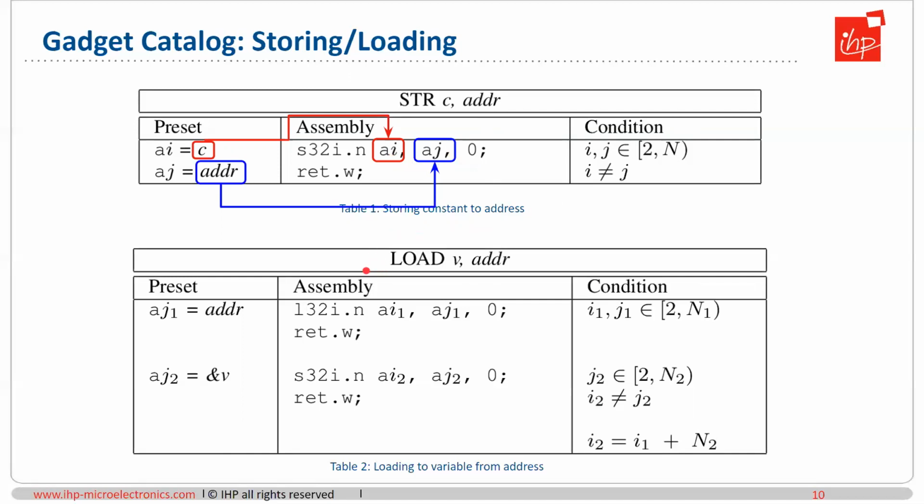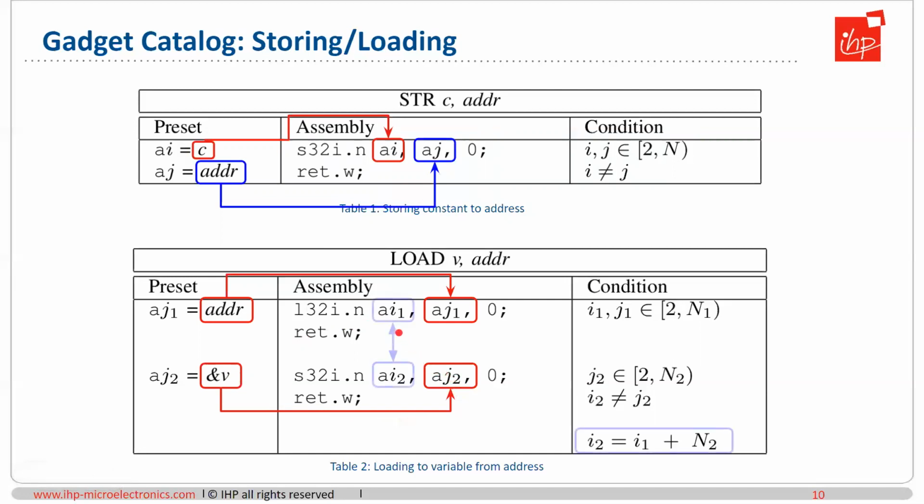Let's have a look at the load operation, where it loads from the address to a certain variable. Again, during the present phase, we are assigning the address where we need to load from to the register AG1, and the address of the variable where we need to save to the next instruction's register, AG2.